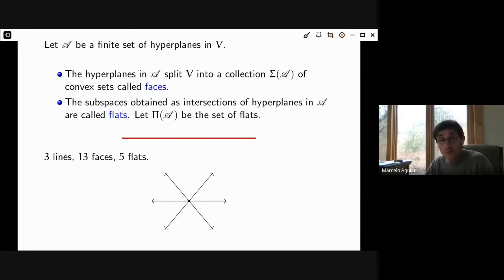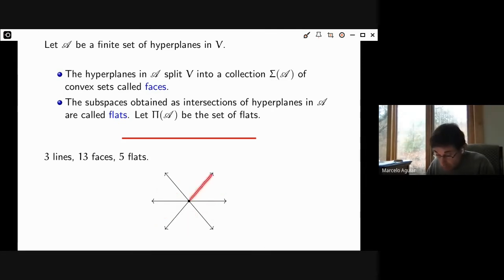The faces are always convex cones, and they are defined roughly by intersecting half spaces defined by the hyperplanes in my arrangement. So what are those cones here? Well, the 6 cones that you see here are particular faces, but there are more.